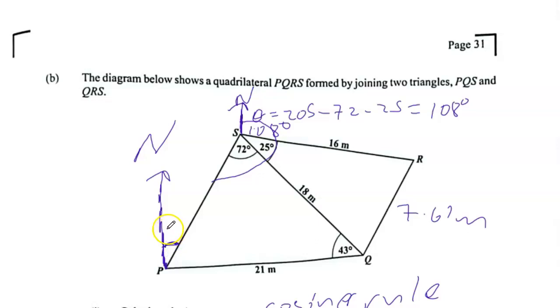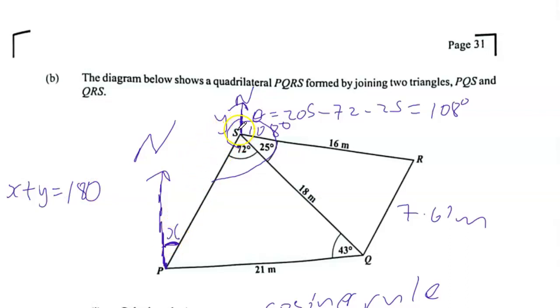Let me call this angle X. And then of course, these two north lines are parallel. So this angle, let me call this angle Y. These two angles, X plus Y, must add to give 180, interior angles, since these are formed from the same north pole, connecting the north poles there. So angle X and angle Y add to give 180.